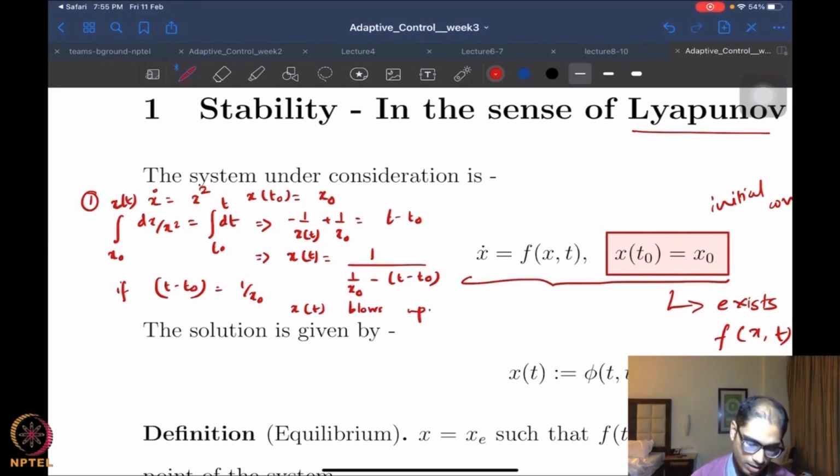So basically bad things start to happen at t minus t0 equal to 1 over x0.